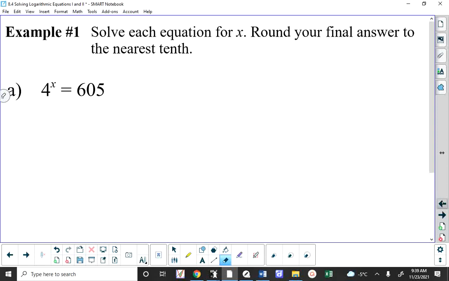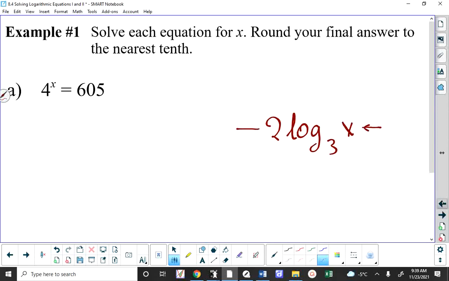The problem with an exponential equation, this is how I view it, is that the thing you're trying to find is in an inaccessible area. It's part of an exponent. We like variables and numbers to be on the main line. If I were to write 2 log base 3 of x, x and 2 and log base 3 are all on the same line.